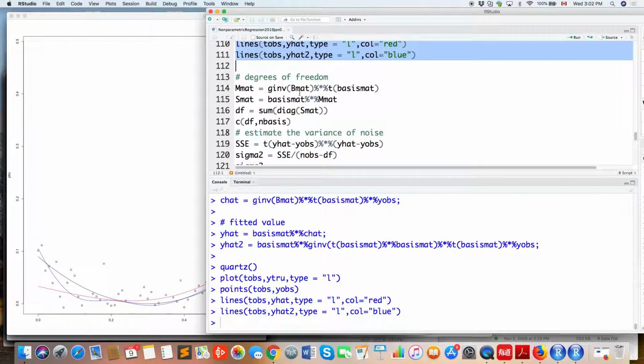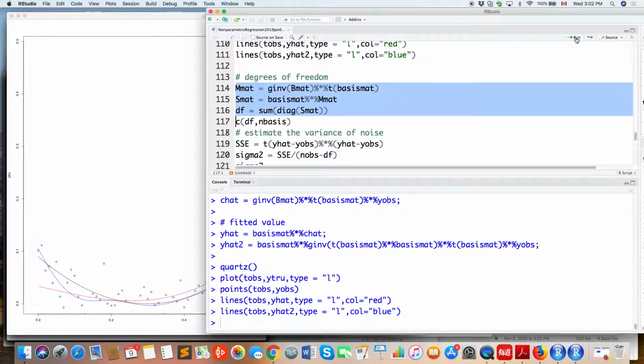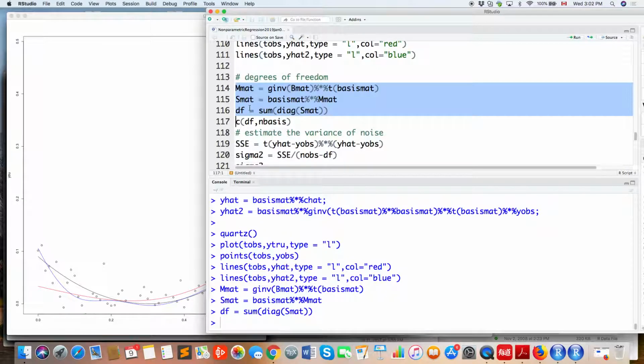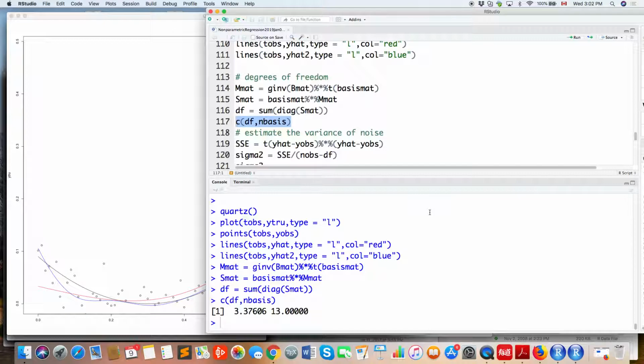Then we can look at the degrees of freedom. The degrees of freedom will be the trace of the S matrix. Let's look at the degrees of freedom and the number of basis functions. You can see here, although we have 13 basis functions, the degrees of freedom, or the effective number of parameters, is only 3.37.